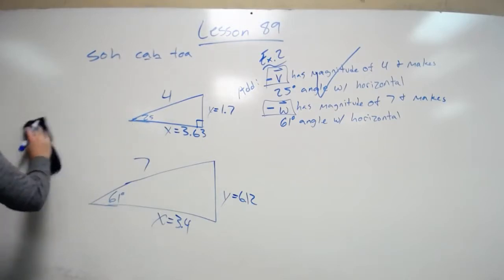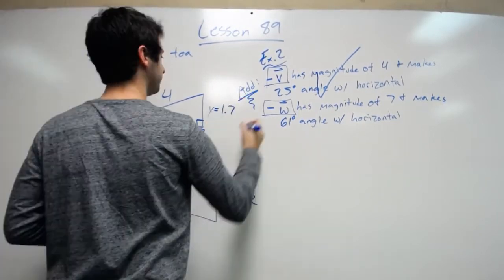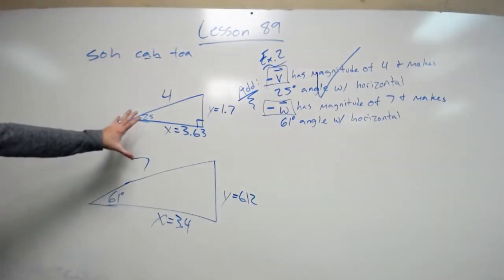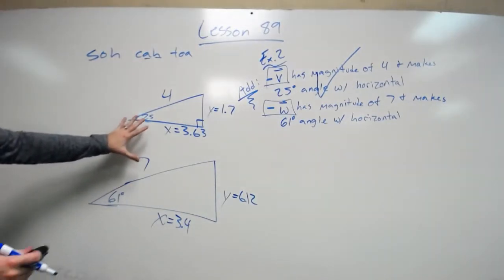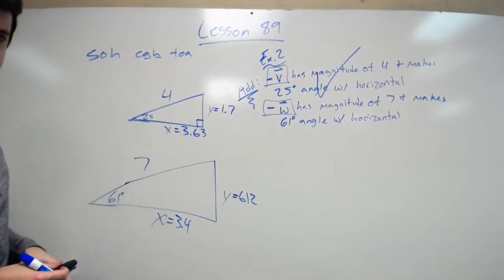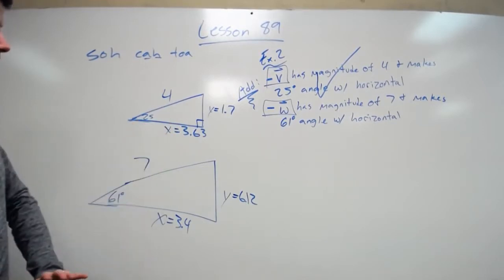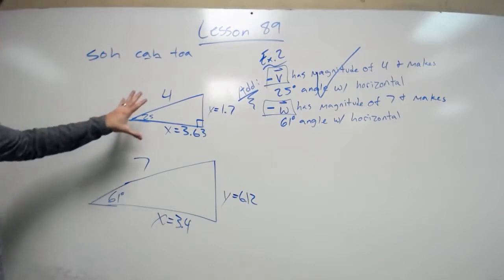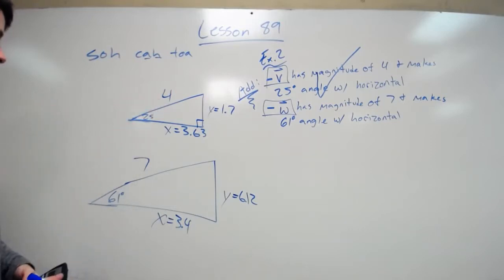Now let's talk about the part where it says to add them together. What we're basically doing is combining these triangles, in your head. We're trying to figure out what overall triangle we get when we add these together.